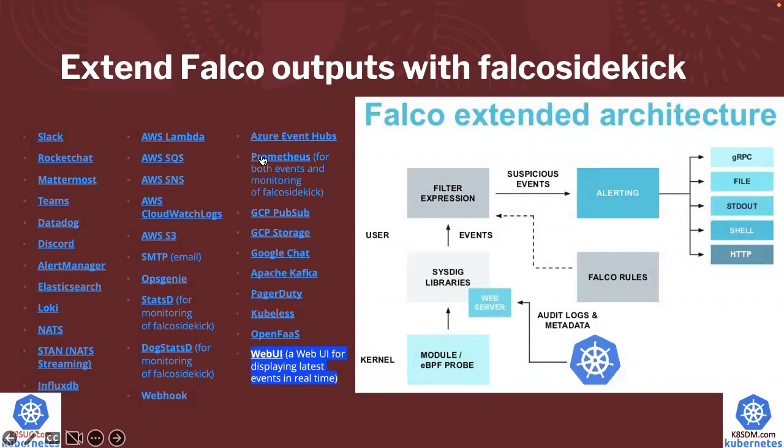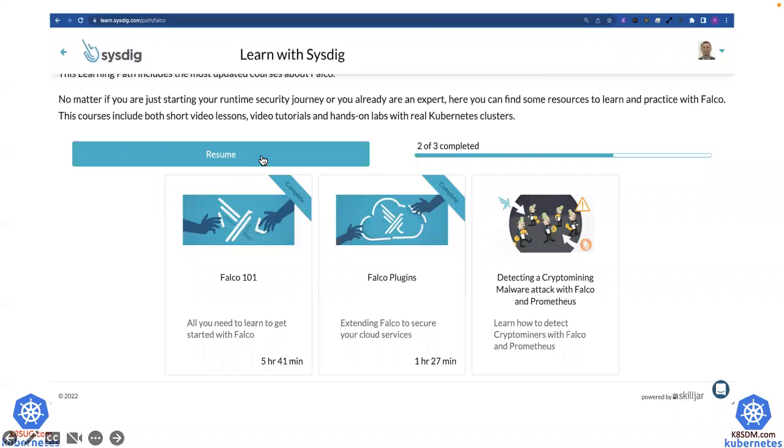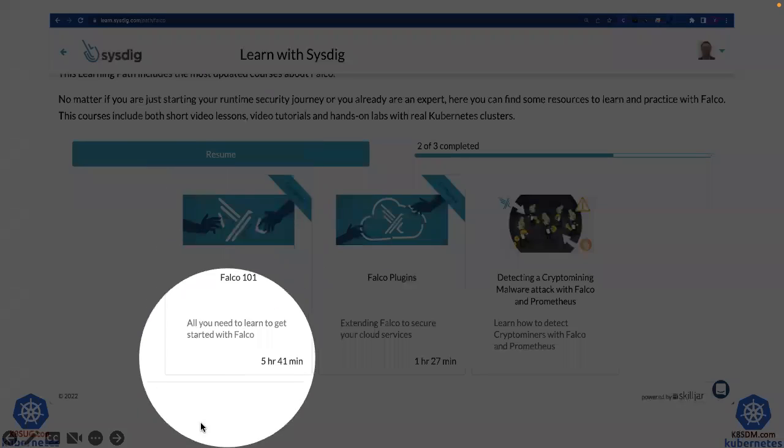The last one, let me see. If you guys want to learn a little bit more, I do include the link here. Falco was created by Sysdig. Sysdig was the company behind Falco before they donated it to CNCF as an open source project. They do have a Falco 101 learning course.